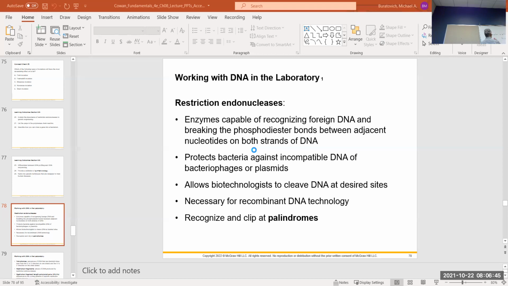So how often is a 4-base motif going to occur? 4 to the 4th power. That's equal to 256. So if your enzyme cuts at a 4-base motif, your average restriction fragment should be 256 base pairs long. That's your average.